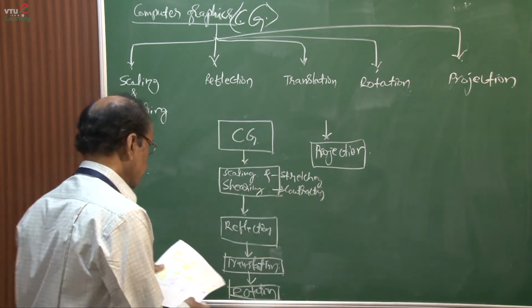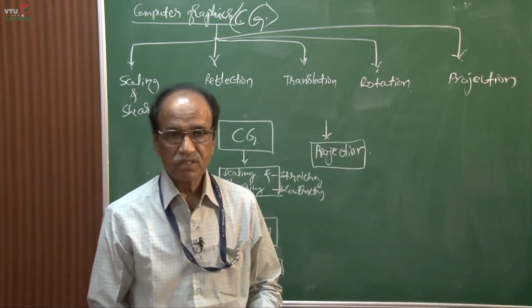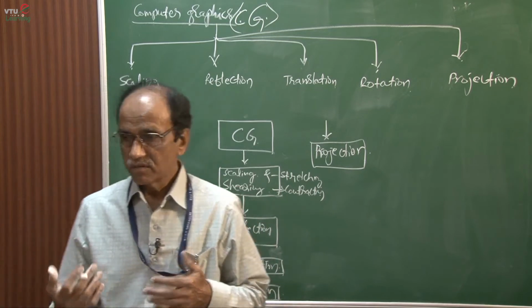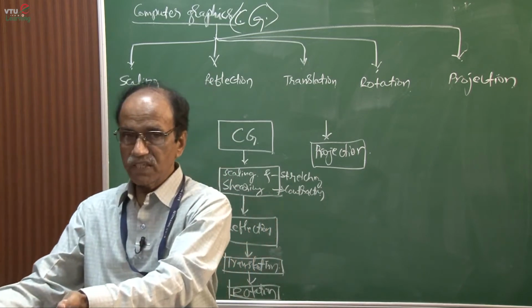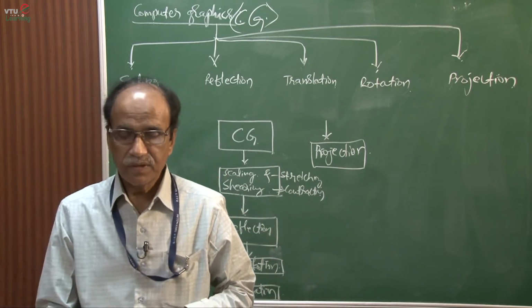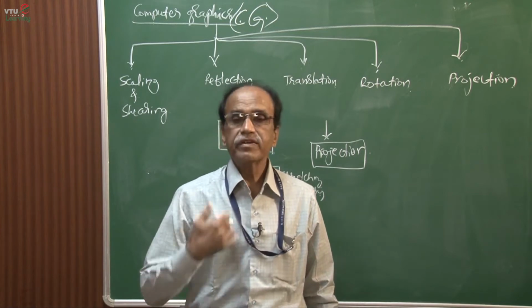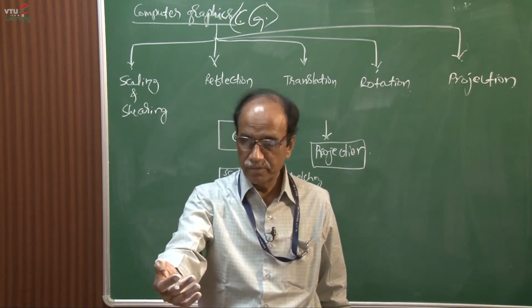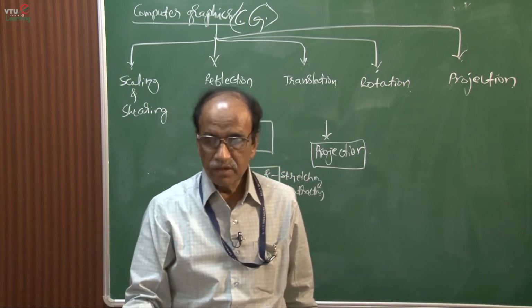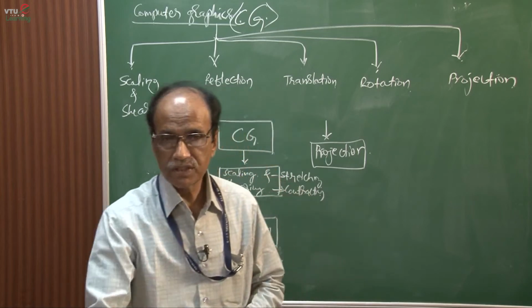Then reflection. What does reflection mean? Reflection is called mirror image. When I stand in front of the mirror, my reflection will be seen behind the mirror at the same distance. Suppose I maintain 2 feet from this table to the mirror. If I want to see my reflection in the mirror, then behind the mirror it will be 2 feet, so totally 2 plus 2 is 4 feet.